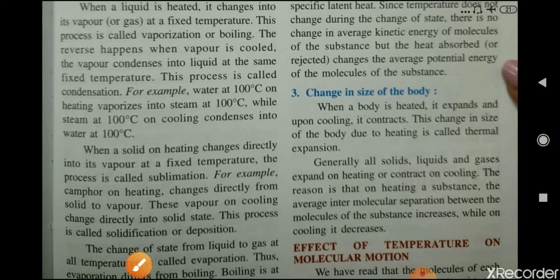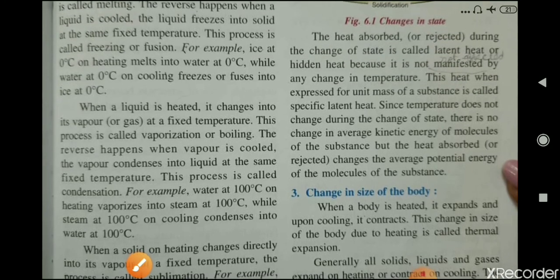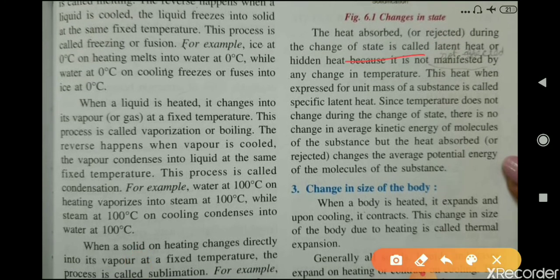The heat absorbed during the change of state is called latent heat or hidden heat, because it is not manifested by any change in temperature. The temperature does not change, only the state changes. This heat, when expressed for unit mass of a substance, is called specific latent heat.